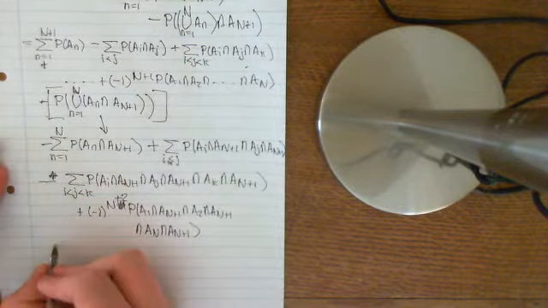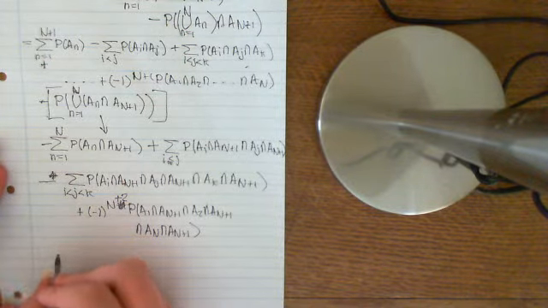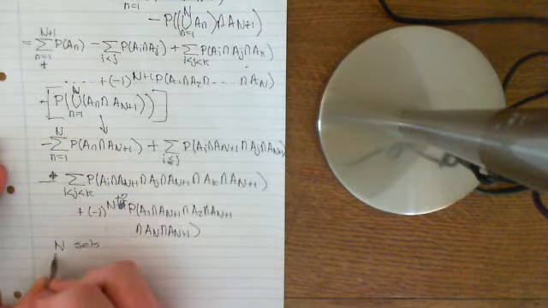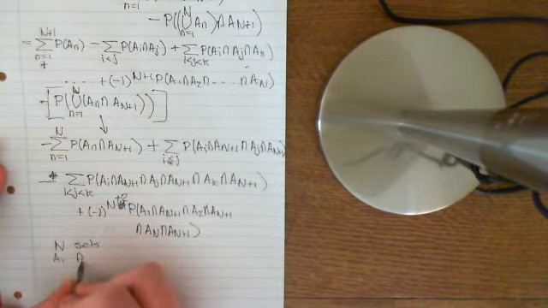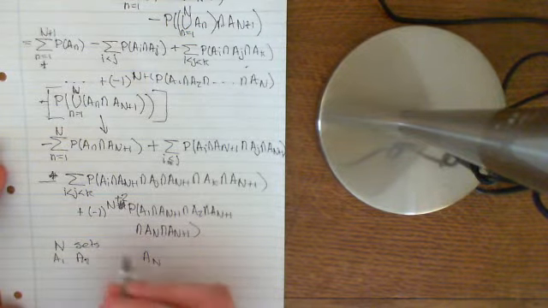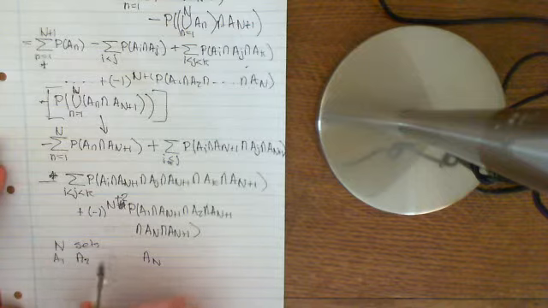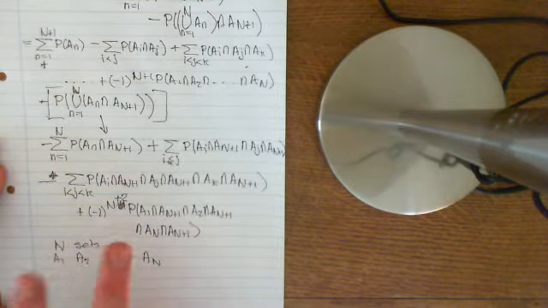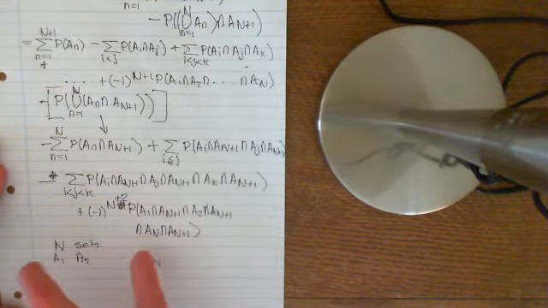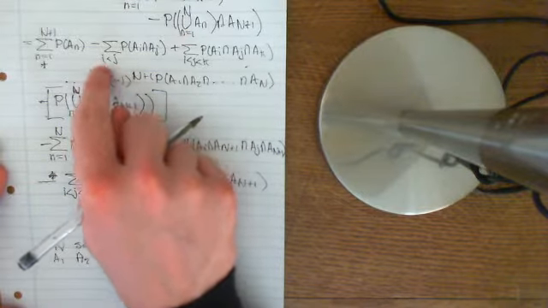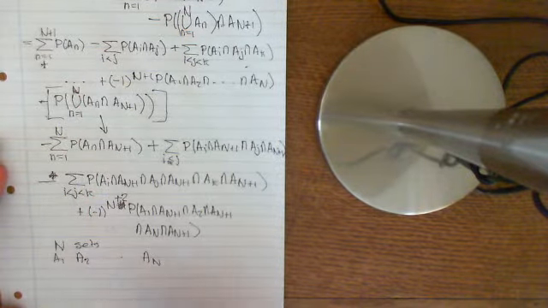So what we have is n sets originally. Let's draw it out: A1, A2, all the way up to An, and I am picking any two of these and intersecting them. Order doesn't matter, so A1 intersect A3 is the same as A3 intersect A1, and I only want it to appear once, which is why I'm doing this summation i is less than j.